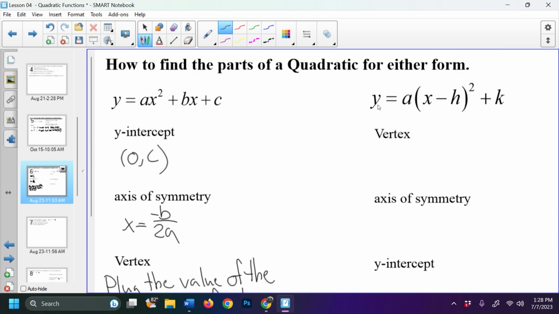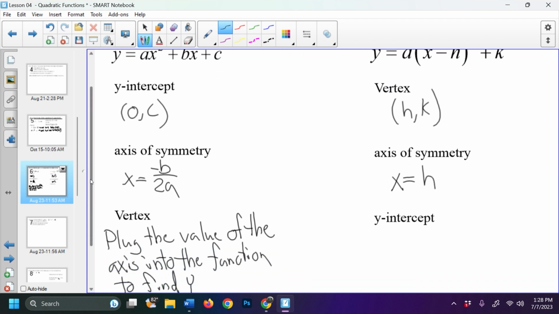In vertex form, our vertex can be read directly from the function. So it will be h and then k. The axis of symmetry, since the vertex lies on the axis of symmetry, it will have the same x value. So the h value from the vertex is the value of the axis of symmetry.